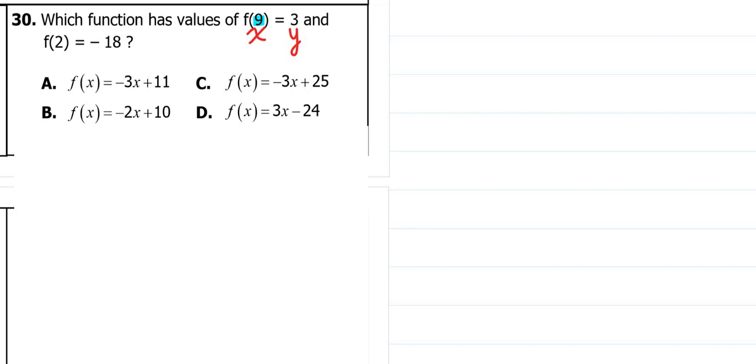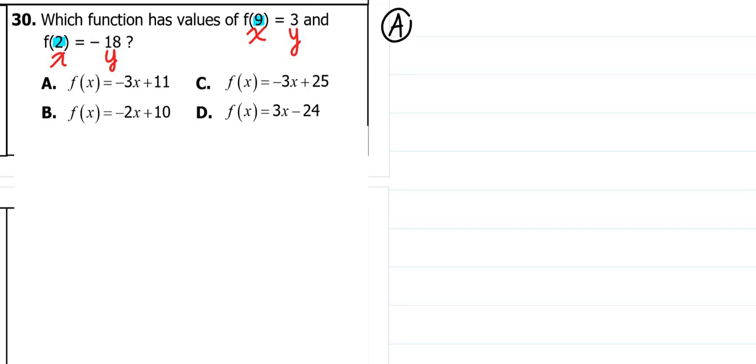If I plug in 2 into that same function, so 2 as my x value, then I should get -18 as my y value, whatever's getting output. So what you're looking at for each one of these choices is you want to see, if I plug in 9, do I get 3 once I work out the expression? So let's start with A. You're going to have to work out each one of these and see if it works.